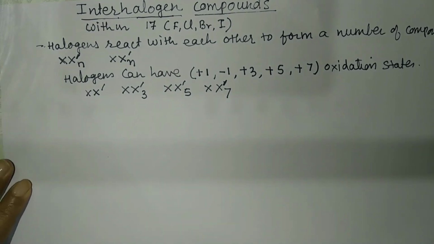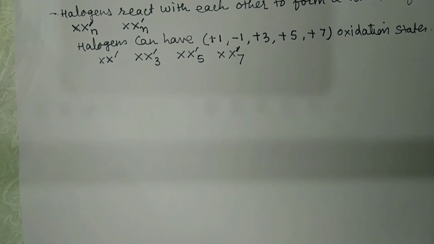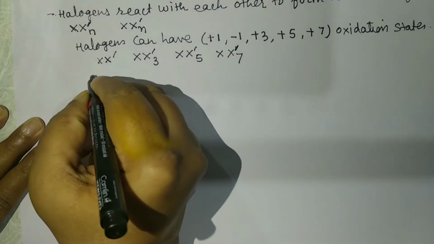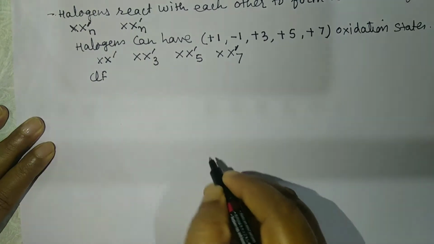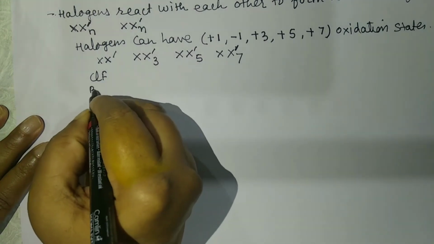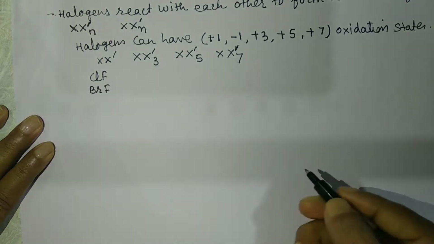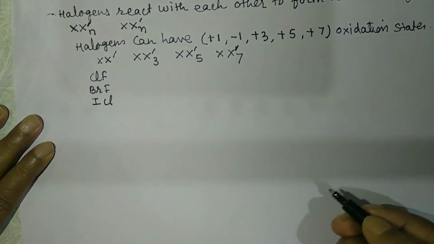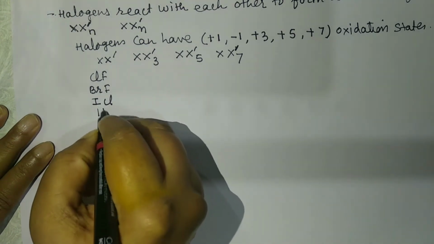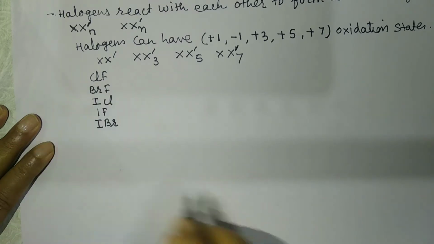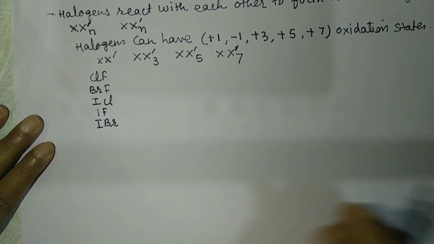Now, what can be the examples for such compounds? Under XX', I can have ClF, that is chlorine attached to fluorine. Similarly, I can have BrF, bromine attached to fluorine, and ICl, iodine attached to chlorine. This type of compounds, you can have IF, IBr, under the XX' type.